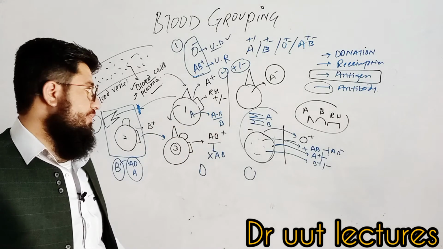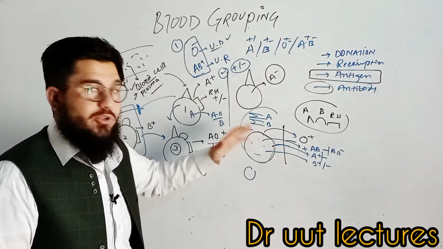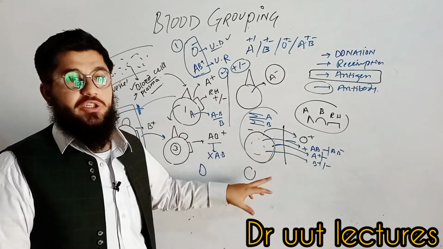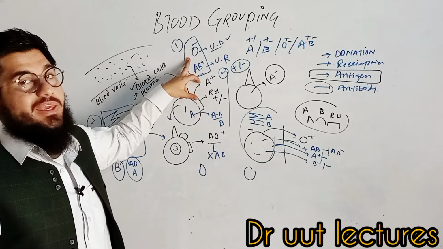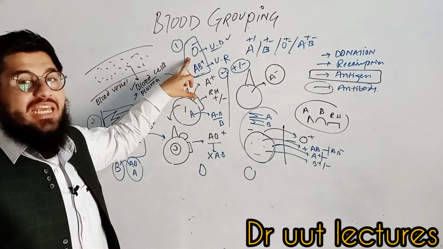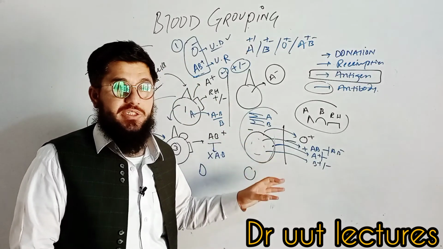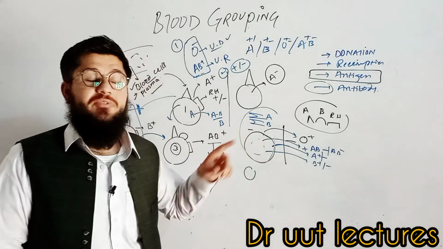They will not match, so we cannot give. This is the reason we cannot give a blood group other than O to the O patient. If it is O negative, we cannot give the A, B or AB blood group to this patient if this person needs blood. So we are supposed to find a blood group of the same type.